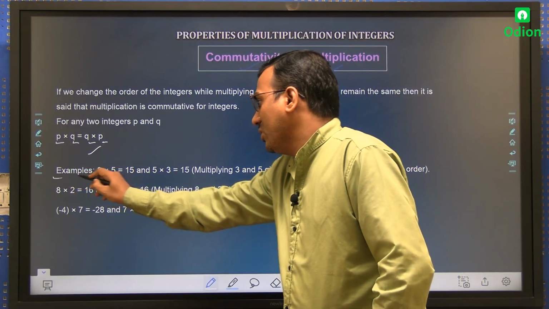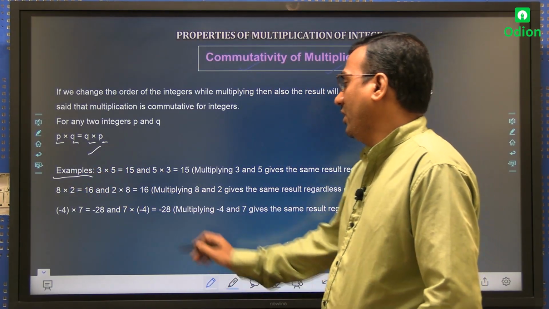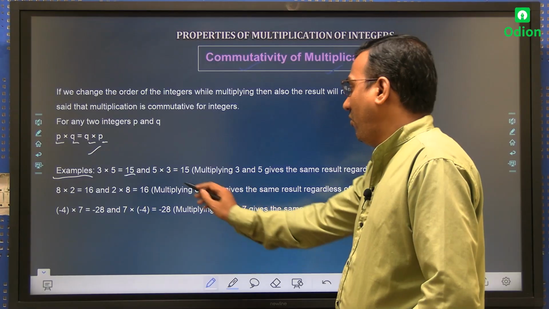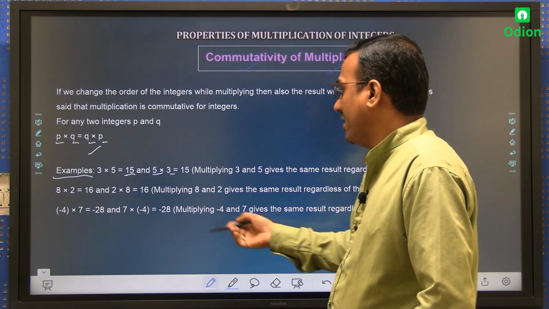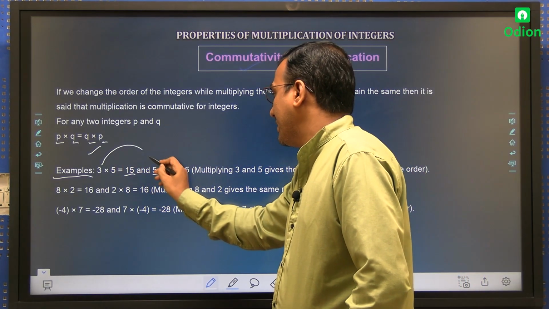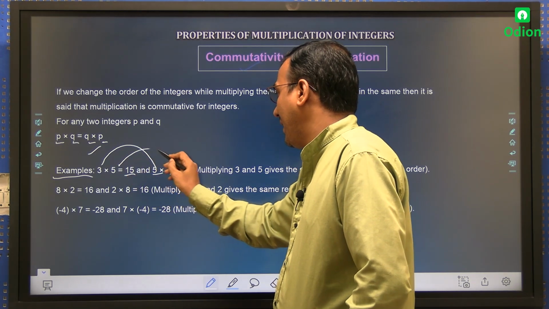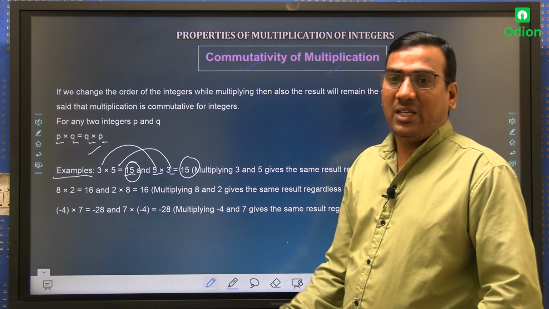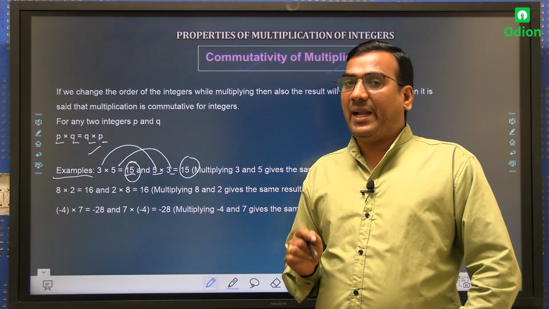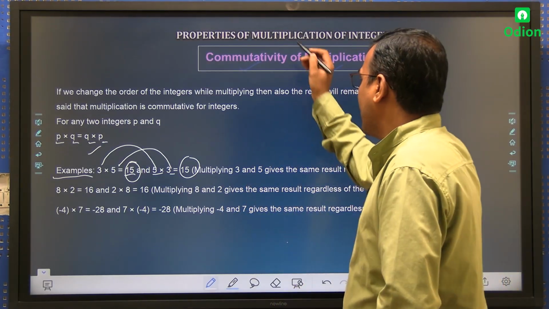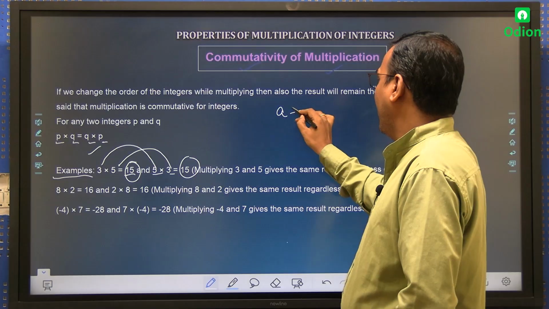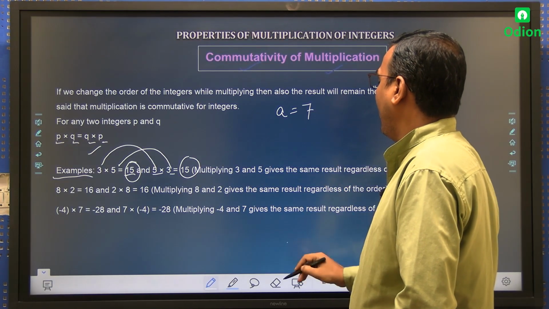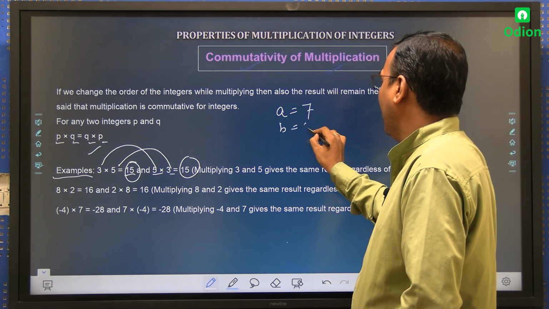For example, 3 into 5, the value is 15. 5 into 3, if I interchange, 3 comes in the place of 5, and 5 comes in the place of 3. The answer is the same. You will understand by taking an example. Suppose I take A as 7 and B as 5.